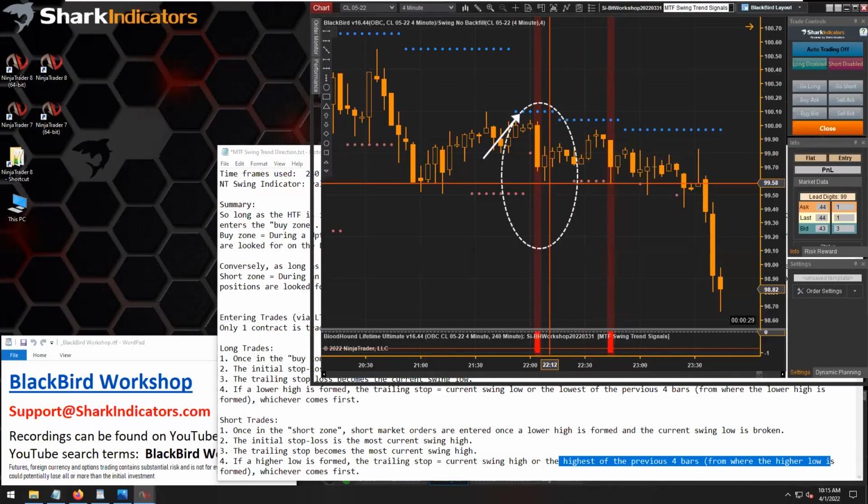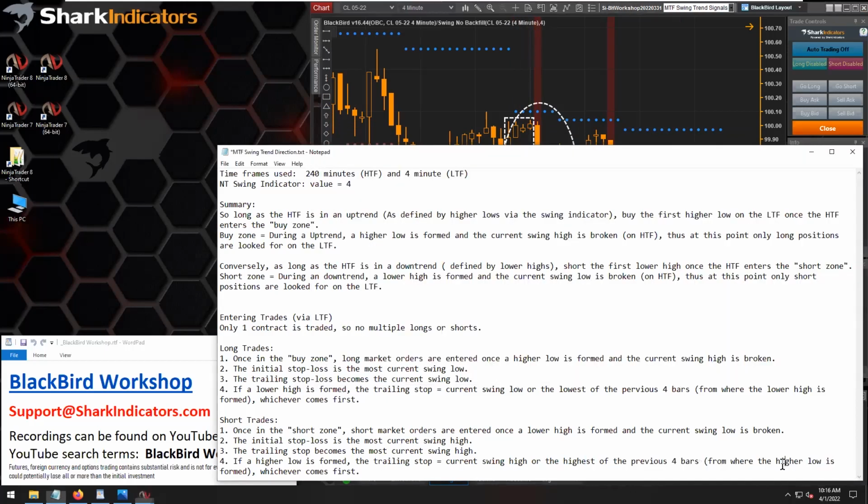So this would be the higher low. What it's saying is, find the highest price of the previous 4 bars. Let's see, 1, 2, 3, 4. Whichever of these 4 bars has the highest price when the higher low occurs.